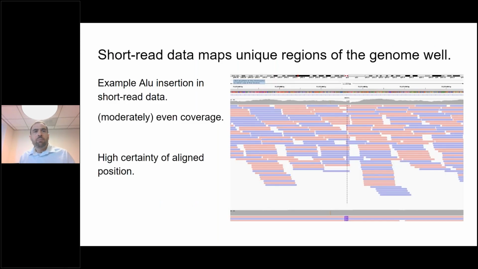One thing to remind ourselves is that in unique regions of the genome, short-read data actually maps pretty well. Here is a little example of an Alu insertion that's absolutely obvious in long-read data. It's also pretty easy to detect in short-read data. We can find this type of variation moderately well, and we have a good idea of its impact on diversity and disease.